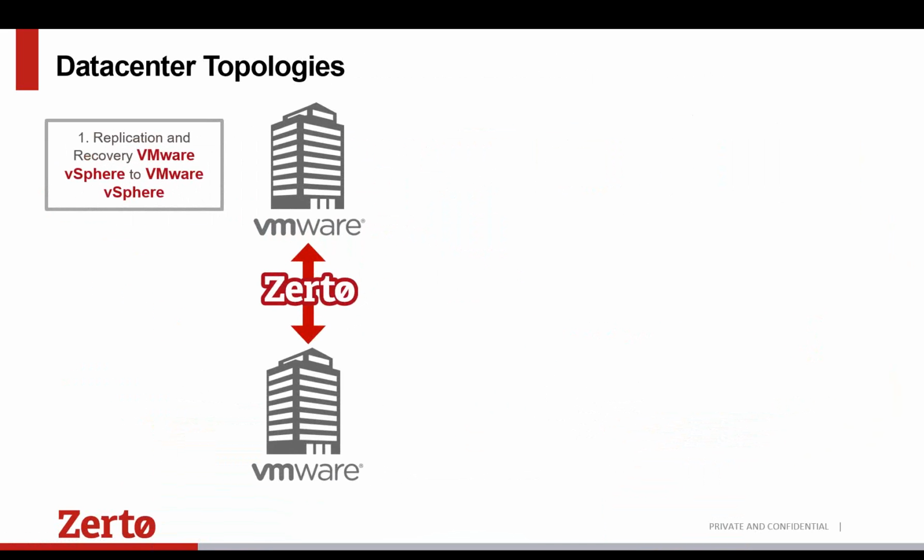So if we look at the Datacenter Topologies supported by Zerto, and I'm very much referring to the 4.0 release, not the release that's out today, because in 4.0 there's some extremely cool things coming down the road. We support basic VMware vSphere to VMware vSphere replication and recovery, replacing the storage replication and SRM.